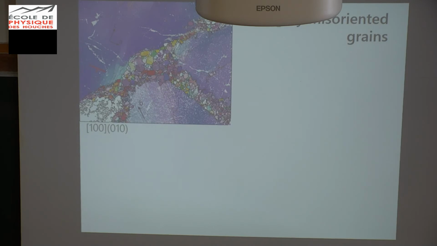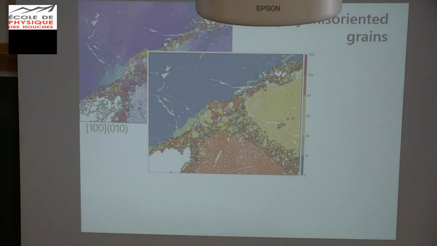And this is just to show an example of highly misoriented grains. The situation is three original grains and the dynamic recrystallization, and here there is an accumulation of subgrains. So this is a misorientation angle map, and the accumulation of these subgrains already produces inside the grain a misorientation that goes up to 60 degrees.